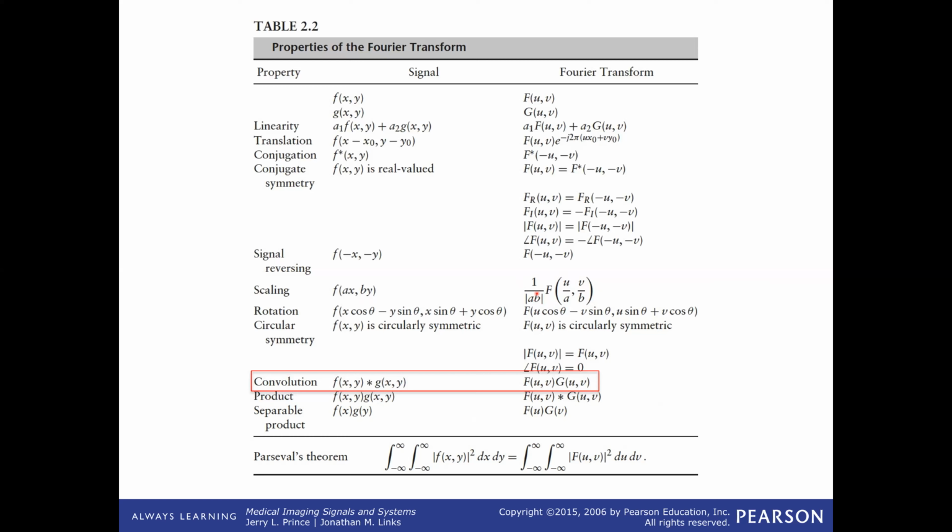What's going to happen is, as I make my Gaussian in real space really wide, so it's slowly decaying, in Fourier space, it'll get very narrow.